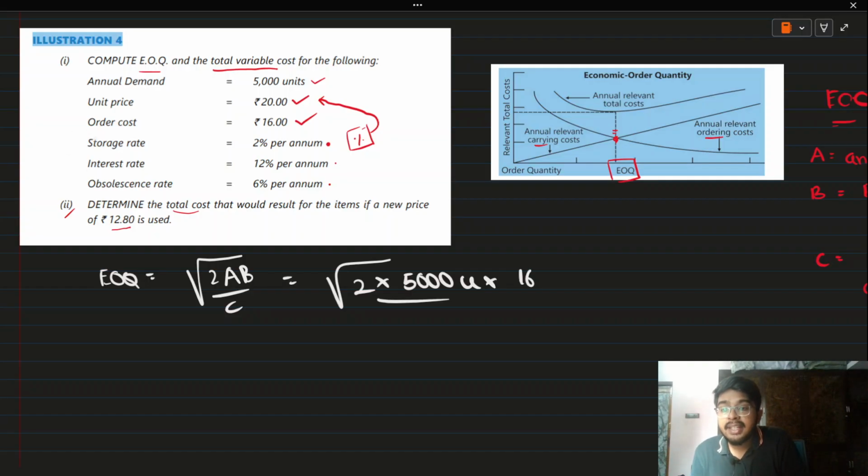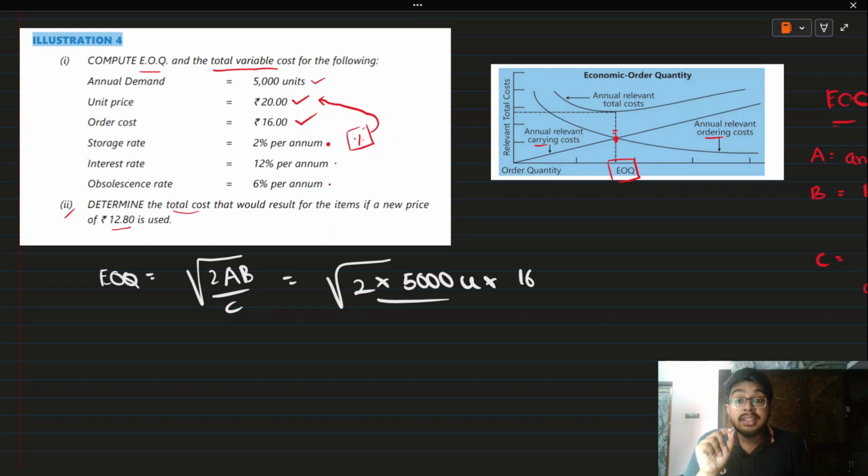Next is interest rate. Let's take an example. I am doing a business. I am taking a loan and buying the material. For me, interest is an incurred expenditure. So it will be added in the carrying cost. But instead of taking a loan, I'm putting my own money and buying the material.